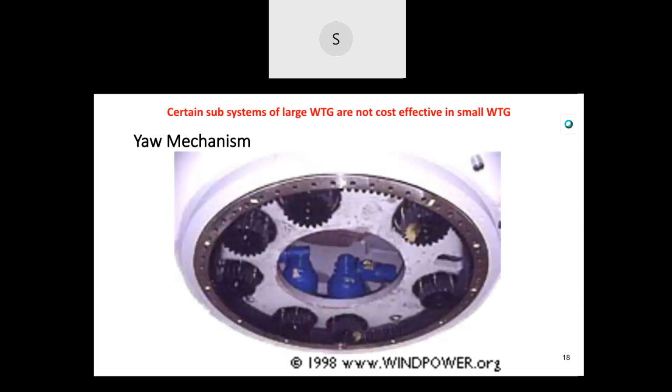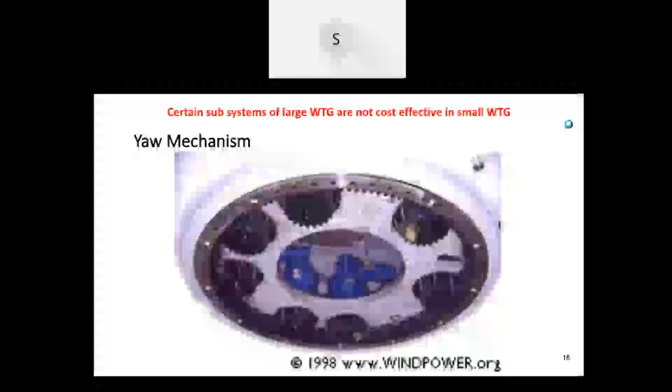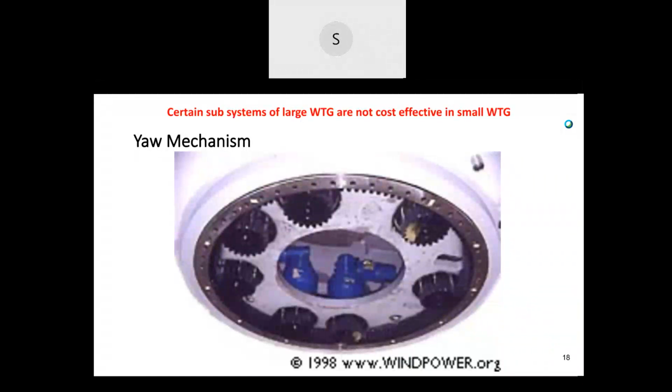When you think of smaller machines, there are certain subsystems of the large wind turbine generator which are not cost-effective in the small size versions. There are 2-3 subsystems I will explain. In large systems, the cost is almost 6.5 to 7 crores per megawatt.